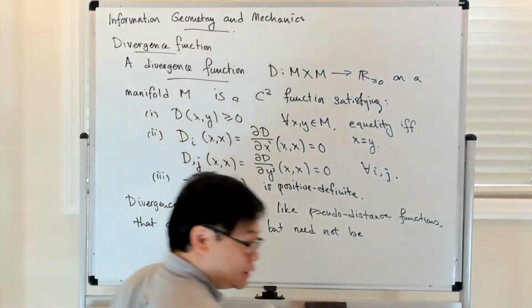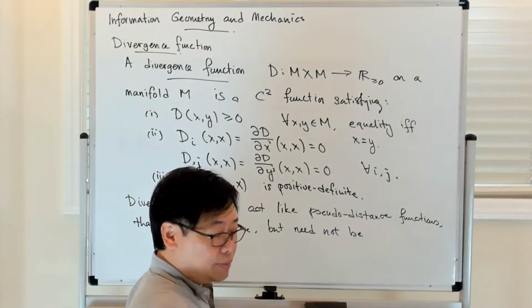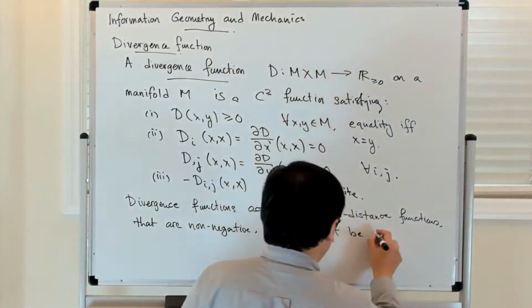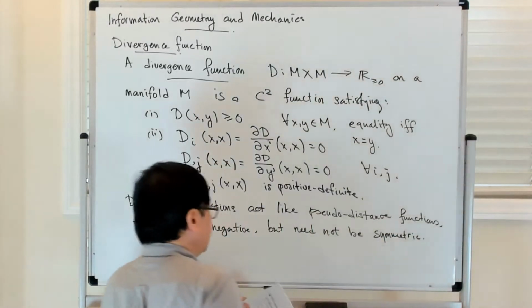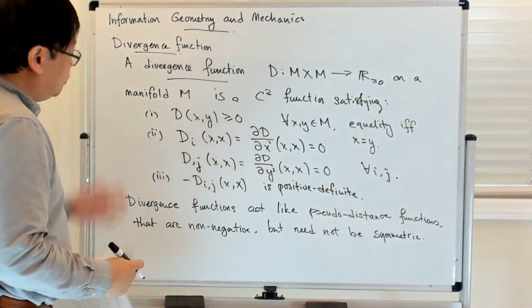And if you recall, we discussed an example of a divergence function, in particular the Bregman divergence, where you would not expect the thing to be symmetric. Okay, so those are the axioms.